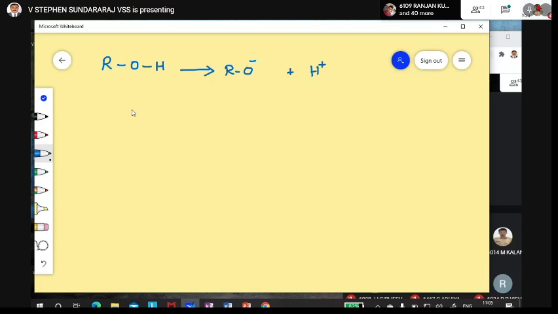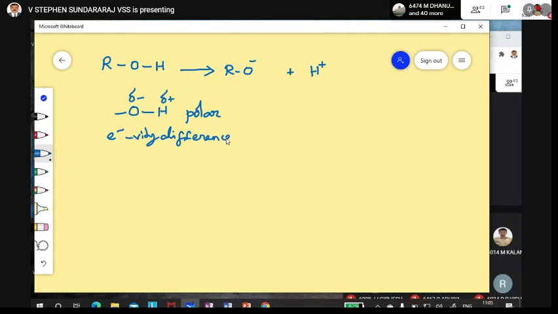The reason is that the OH bond is polar, delta minus, delta plus, in nature due to electronegativity difference. There is a large electronegativity difference, therefore the bond is highly polar, so it easily breaks into H plus and O minus. This is the reason it is acidic.